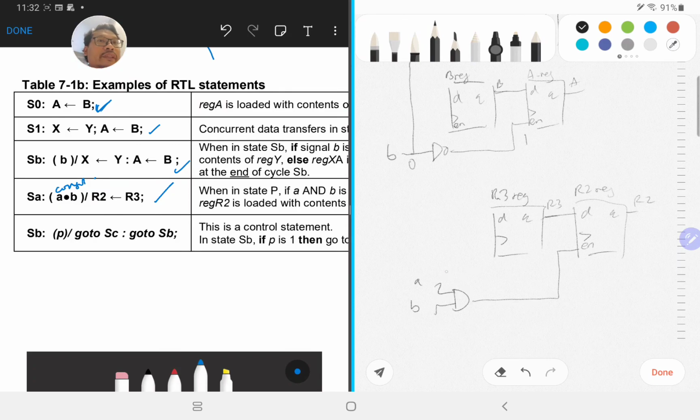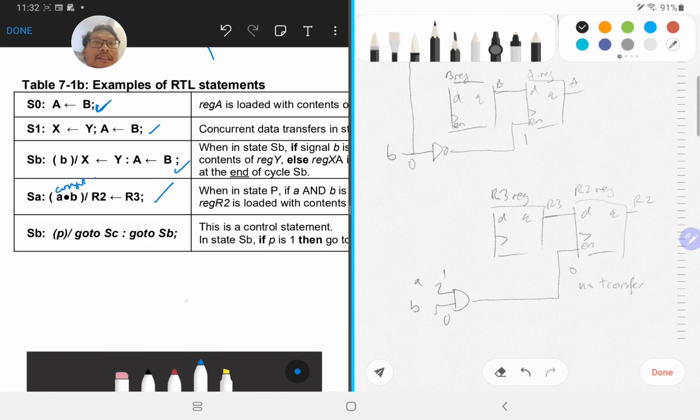So for example if it is 1 1, then we are going to transfer. However, if it's 0 1, where A is 1 and B is 0, the enable is 0, so no transfer.